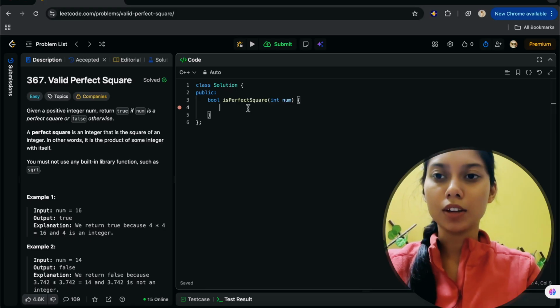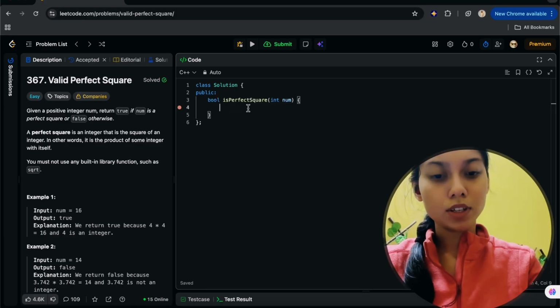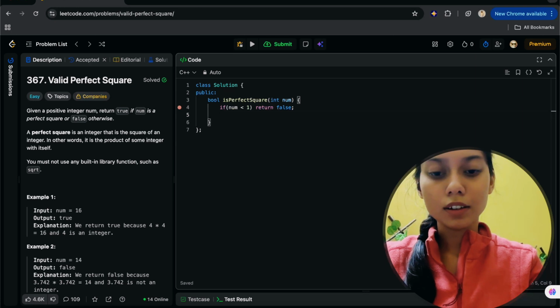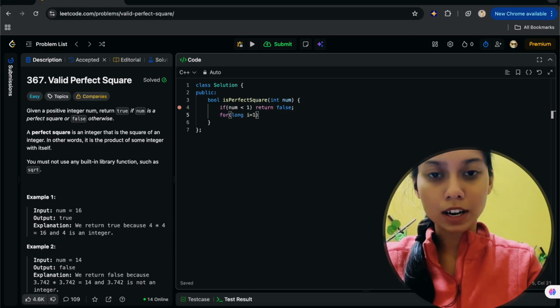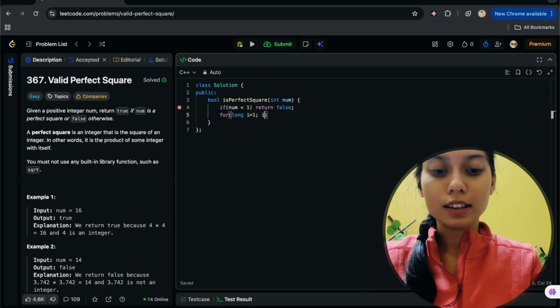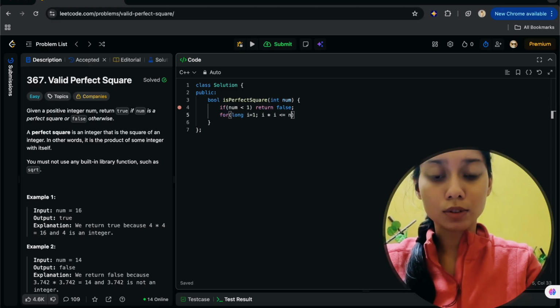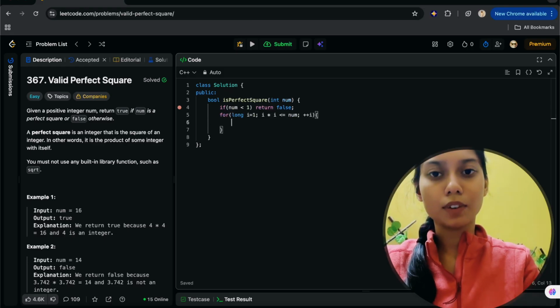Okay, so here we are with our question. Let's first type in our base case. If num is less than 1, we already know that it cannot be a perfect square, so we'll return false simply. After that, we implement our for loop with long i starting from 1 and i times i less than or equal to num, and then we increment i.